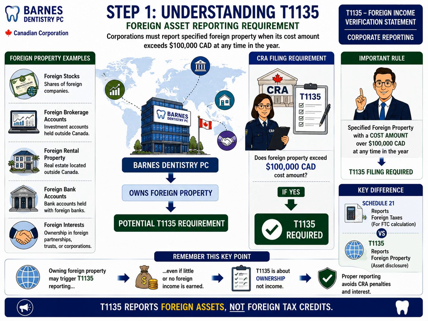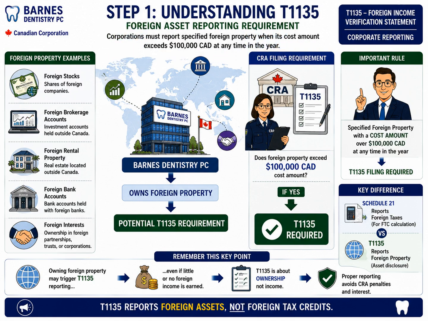This single sentence captures the most important lesson from this slide. Whenever you hear T1135, think foreign property disclosure. Whenever you hear Schedule 21, think foreign tax credits. The key takeaway from this slide is simple. T1135 is a foreign asset reporting form used to disclose specified foreign property to the CRA.